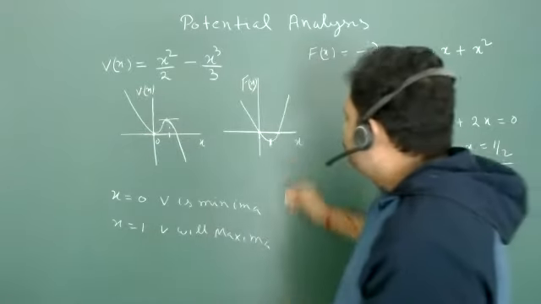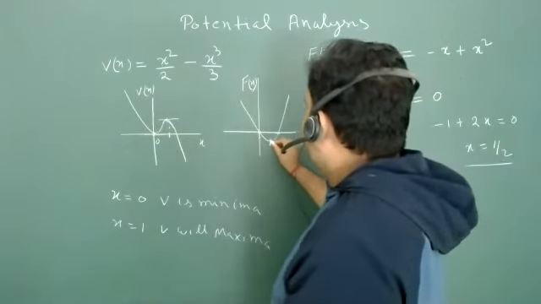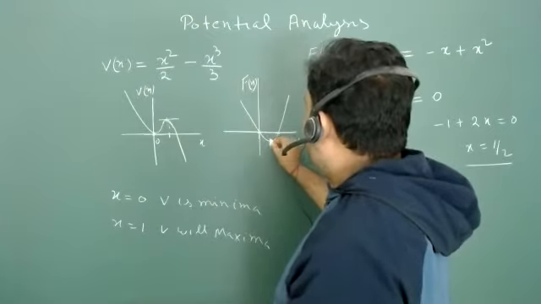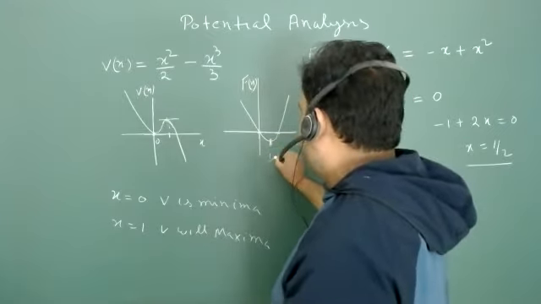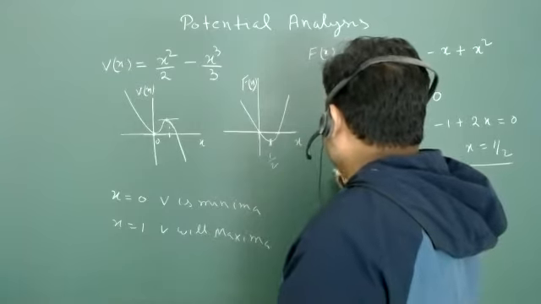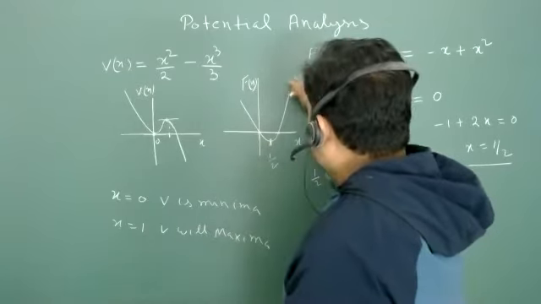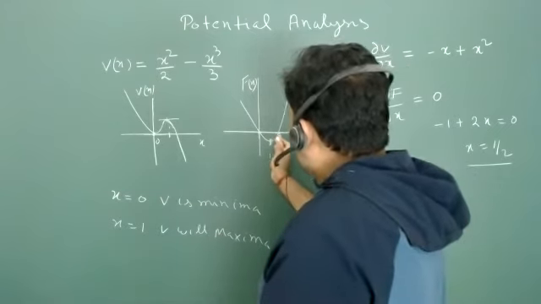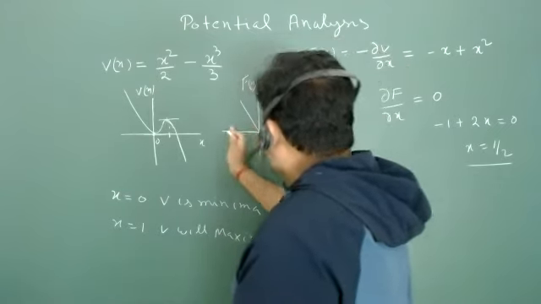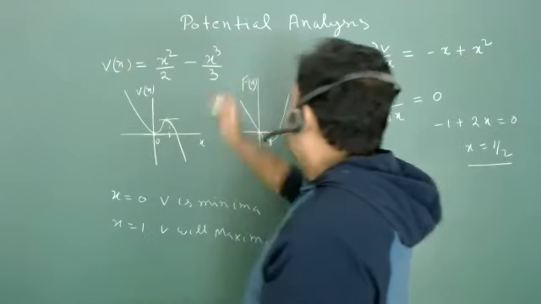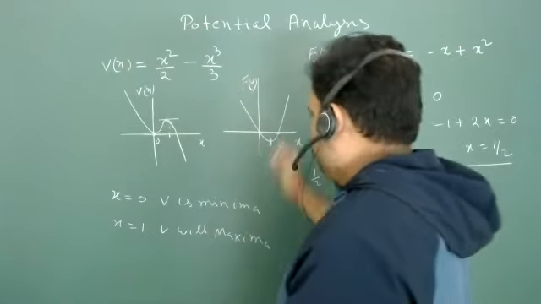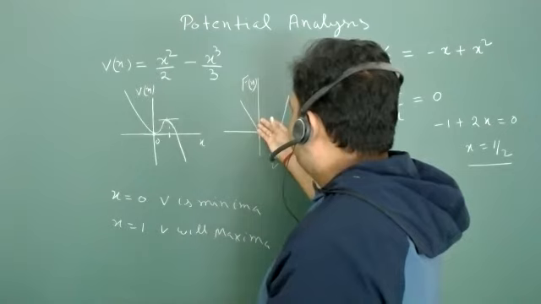So you can see that suppose this point is 1 by 2. If x is between half and infinity, your force is increasing. At the same time, if x is going from the negative side, the force again increases, isn't it? This is a very interesting thing.